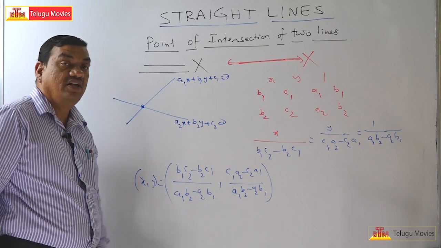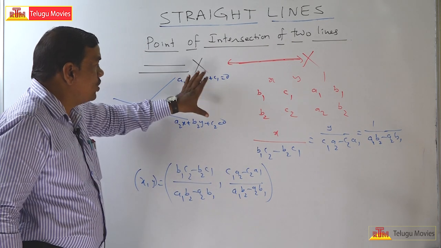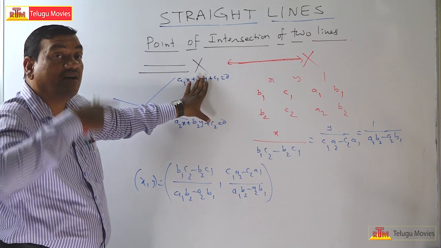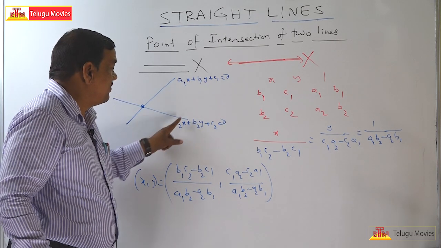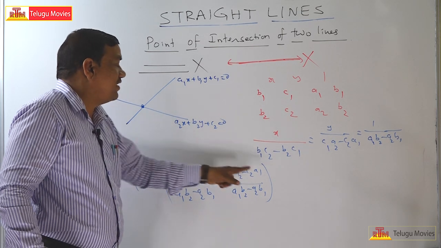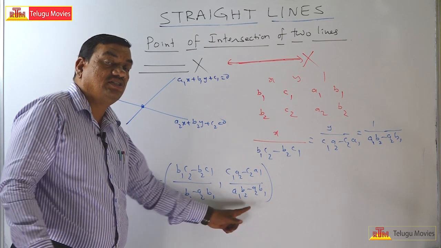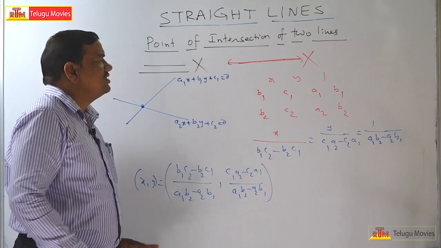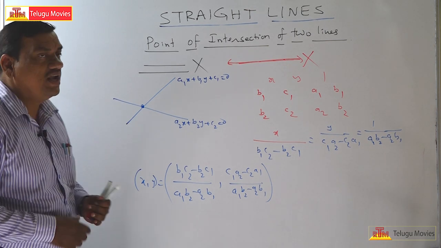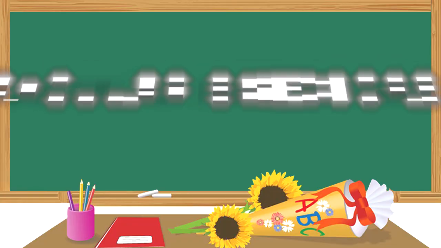So, if you want to find the y coordinate, close the y terms, but remember that here you have to take the reverse order, that is C1 A2 minus C2 A1. The denominator is the same for both. So, this is a way of remembering the point of intersection of the two lines. Okay, so let us move to some more topics.